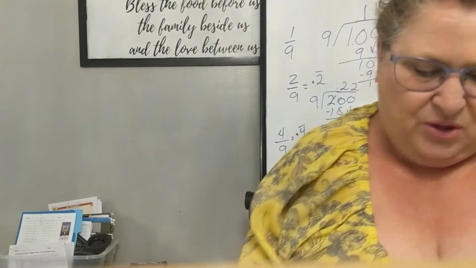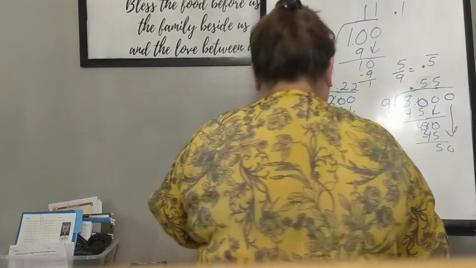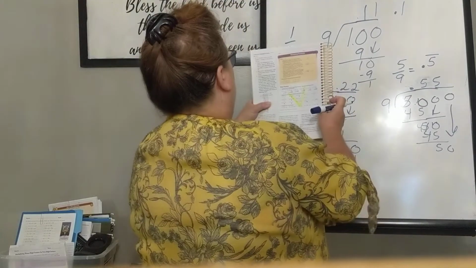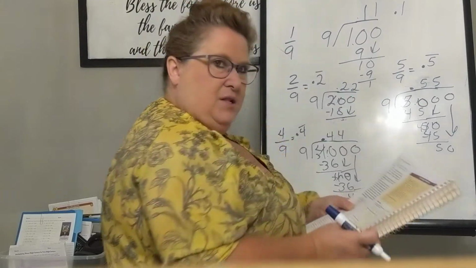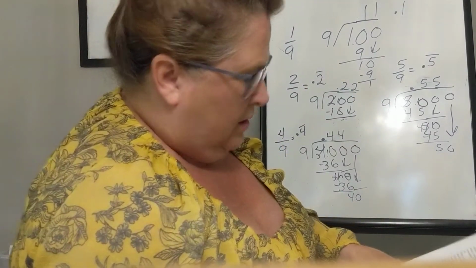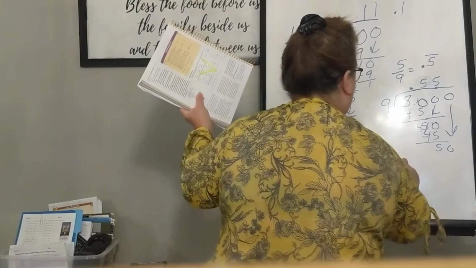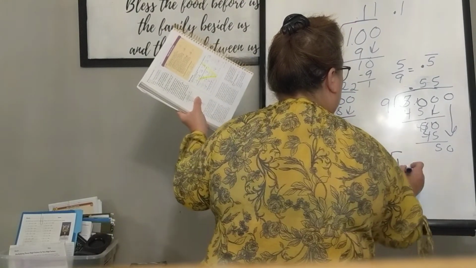Letter F, 1/8 equals 0.125. Gonna have to work that one out. That one is not at the top. So what is it? 0.18. Goodness. 1/8. So 1 divided by 8.